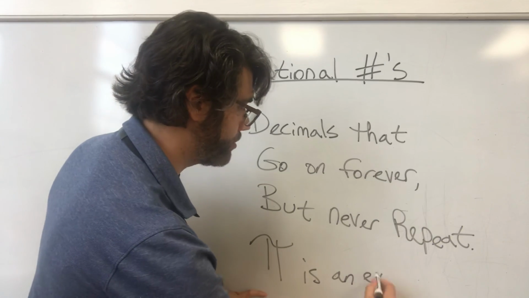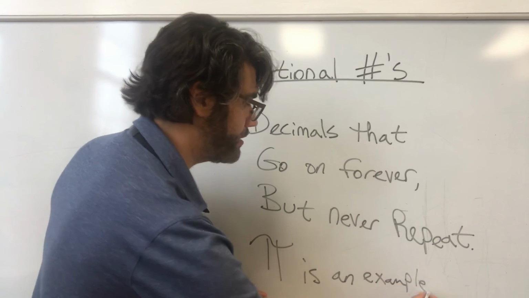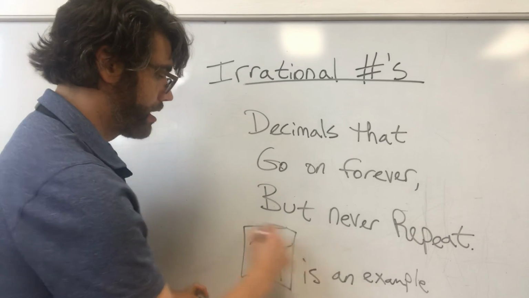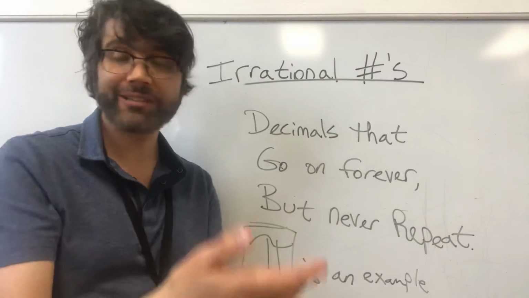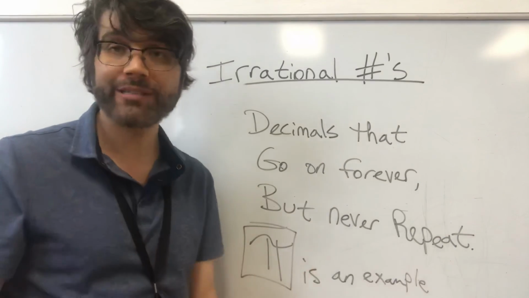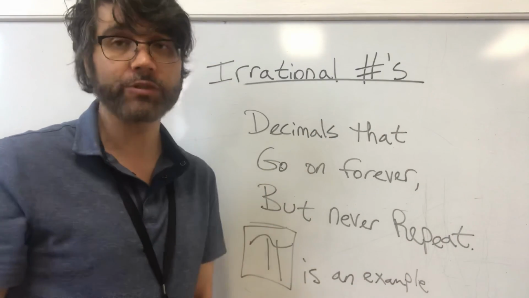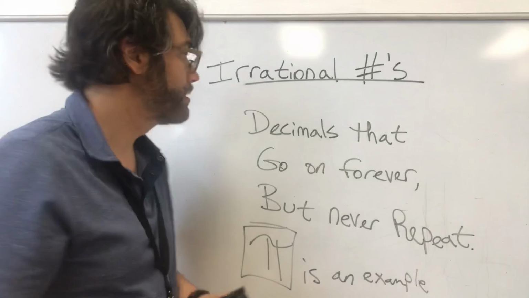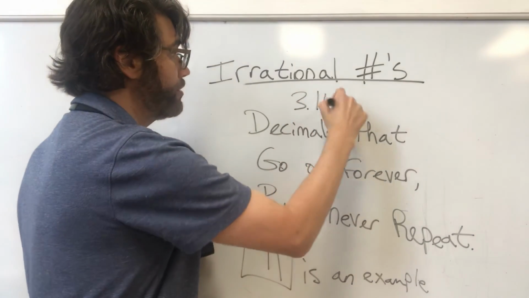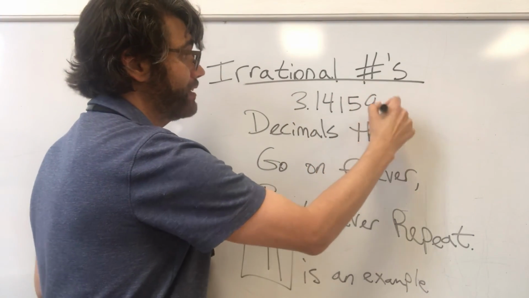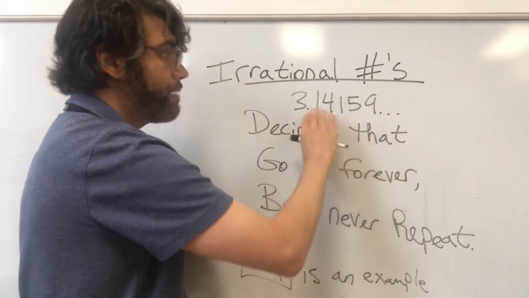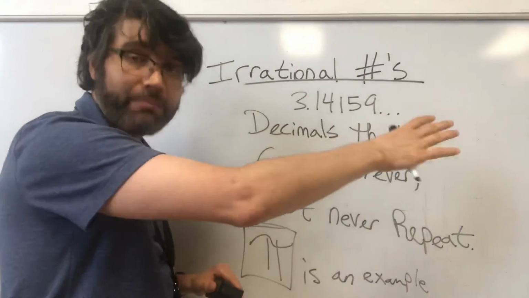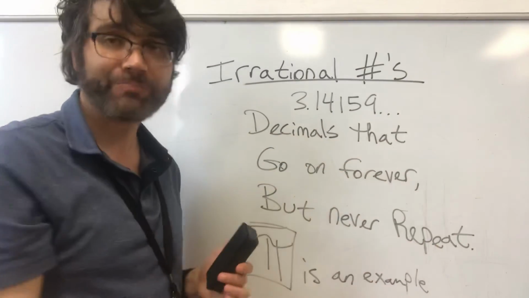It is a decimal that goes on forever, and you might know it to 20 places or 30 places, but it goes on for an infinite number of places, and it never repeats. So it starts off 3.14159 dot dot dot, but this dot dot dot doesn't mean it repeats this. It means it goes on to random numbers forever, okay?